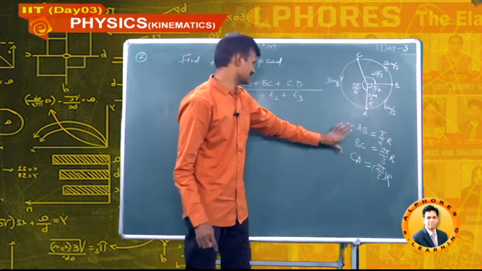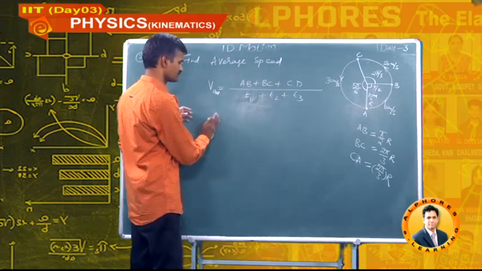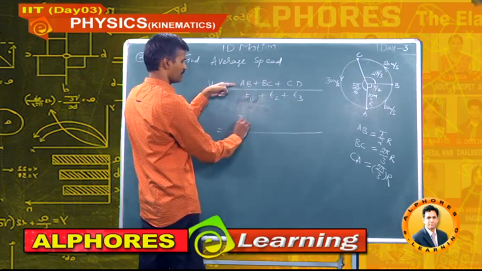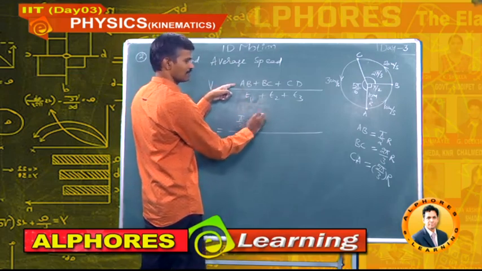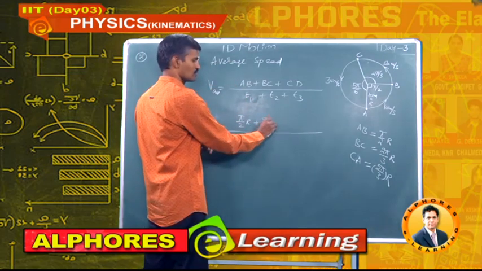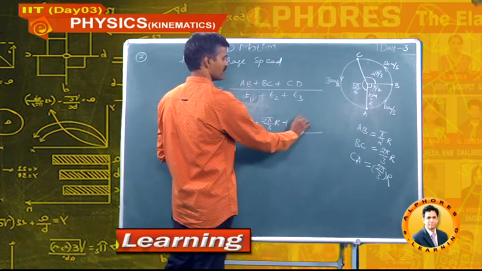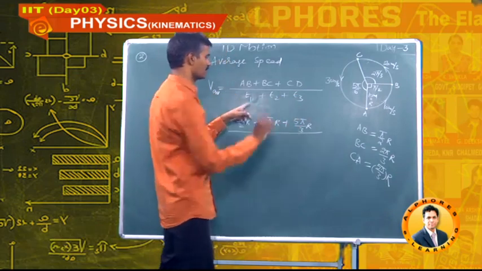On substituting these values, AB pi by 2 r plus BC 2 pi by 3 r plus CA 5 pi by 3 r, divided by the times.